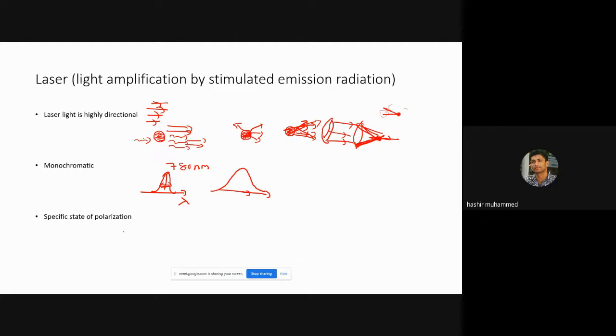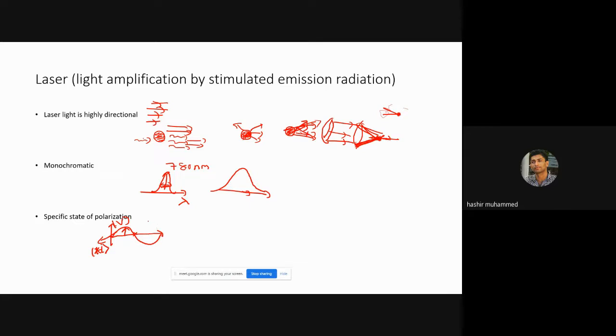And another point is that laser light is highly polarized, which means that if you take a light and look at its wave, it will be like this. Let me show you. This is the vertical axis. This is the horizontal axis. So the vibration of the light wave is parallel to vertical.